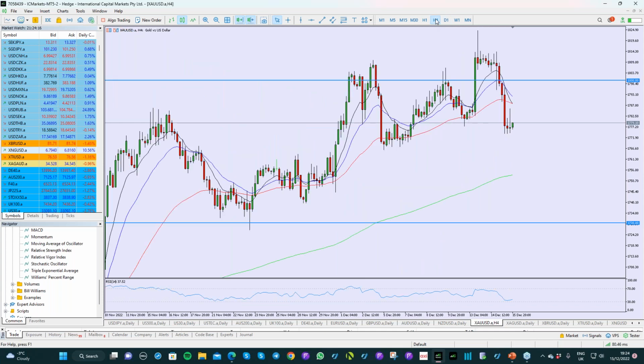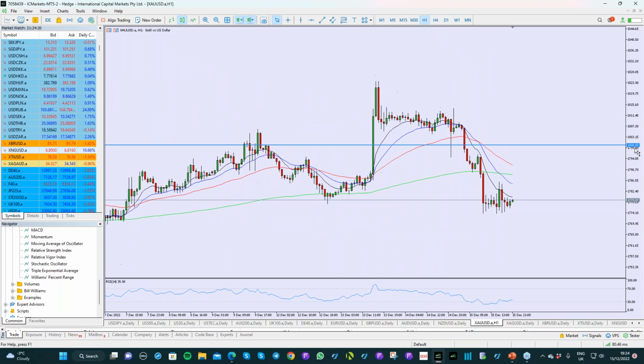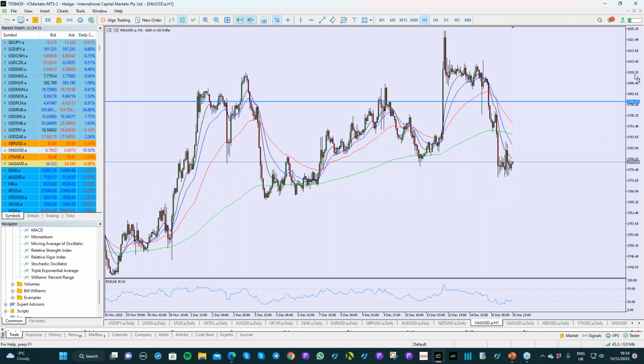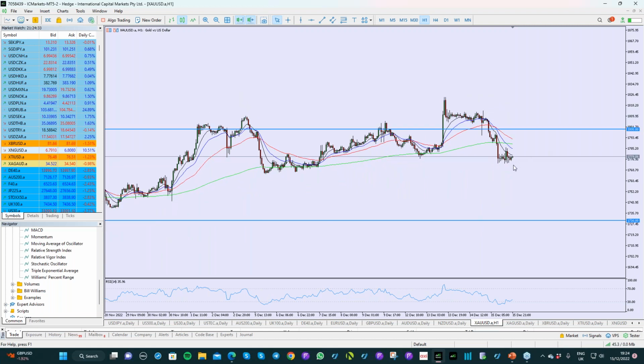On a lower time frame, such as the 4-hourly or perhaps hourly time frame, you can see on the hourly time frame those moving averages are already pointing down. So I don't necessarily have so long to wait if I want to start trading short on an intraday time frame. And there is still plenty of space to trade short between where price currently is and this next horizontal level.